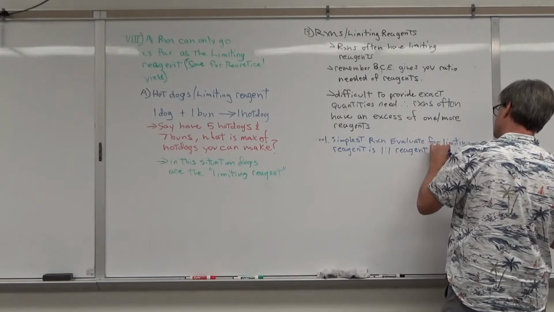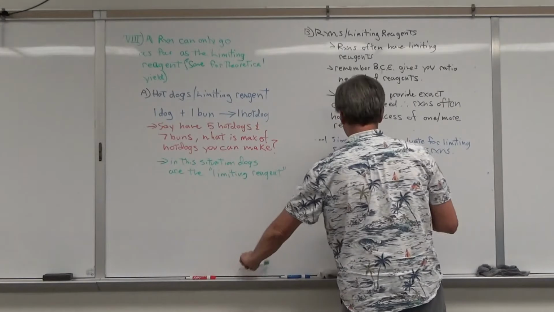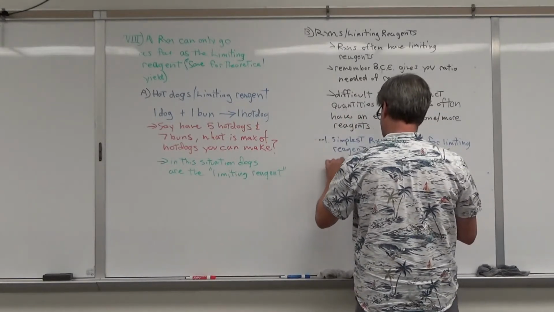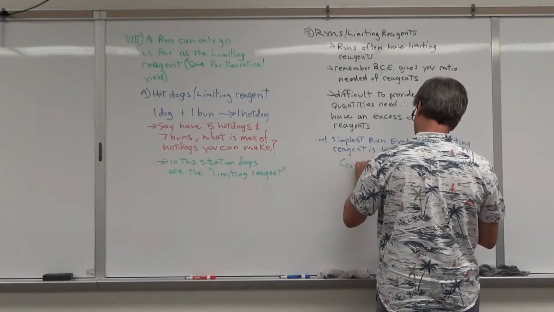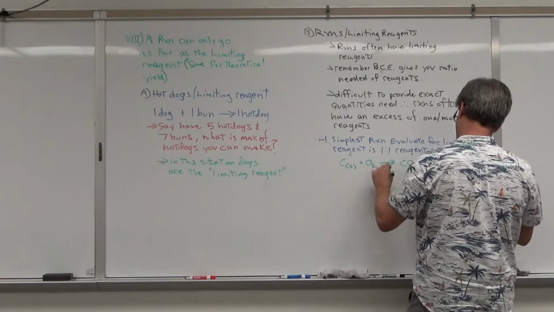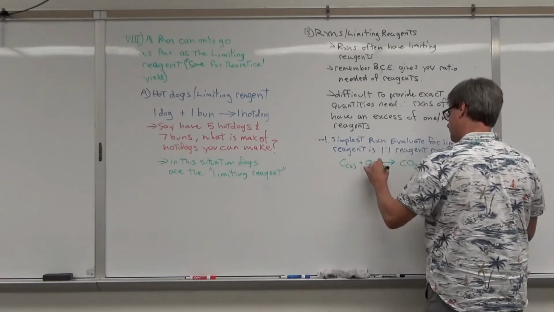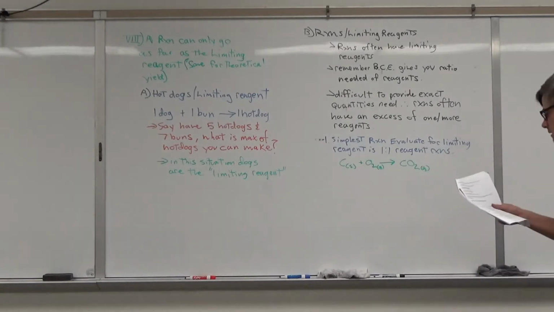That's not the world's smoothest sentence, but oh well. Example of that, you take carbon solid, you can burn it with oxygen and get carbon dioxide, or oxidize it, gas, right?